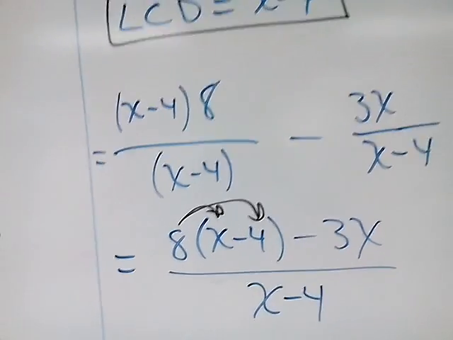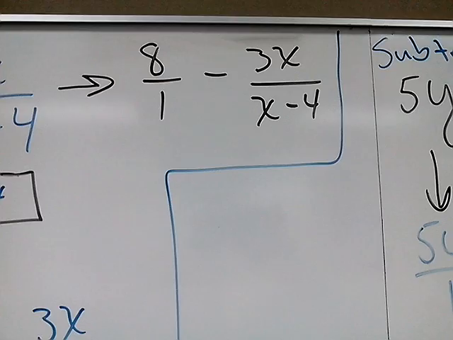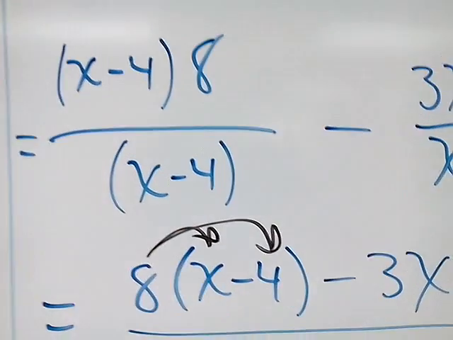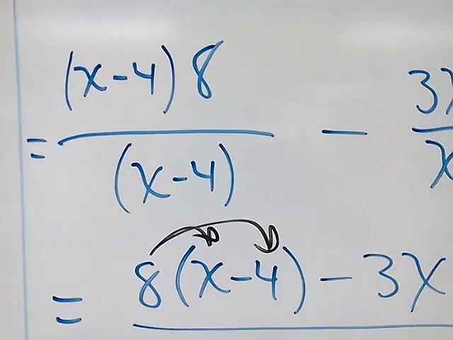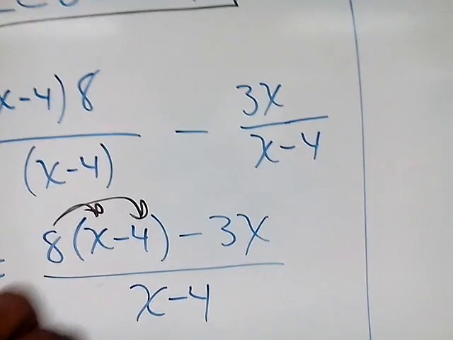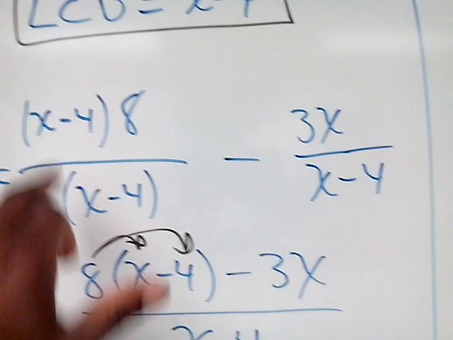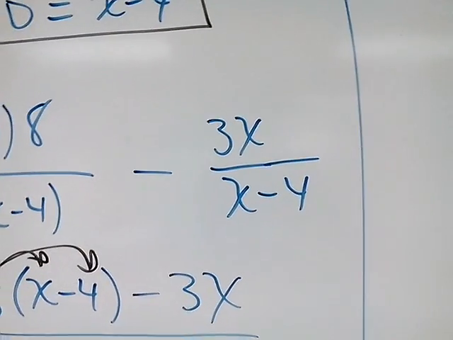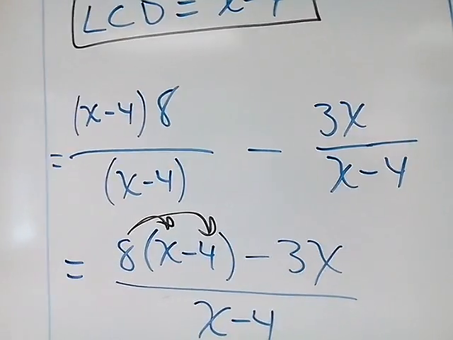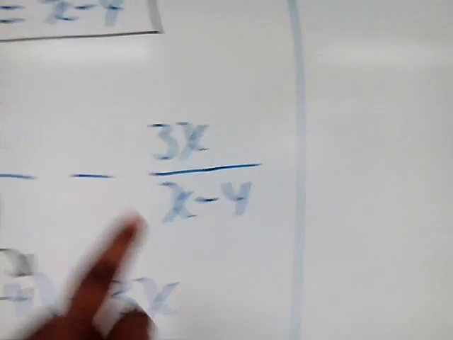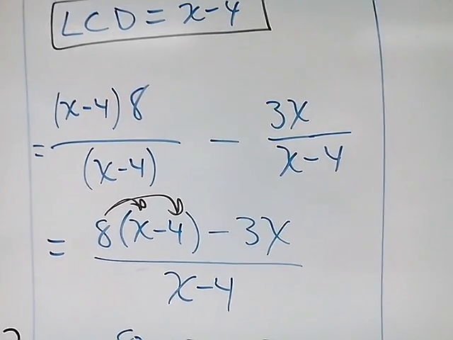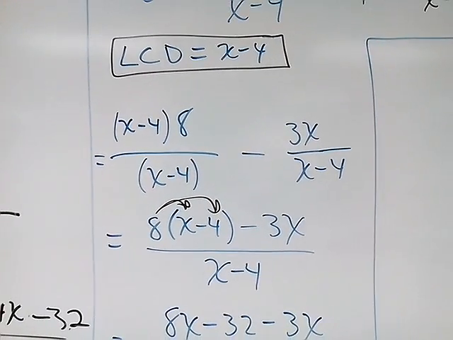Given that, we take the common denominator and write it under each one of the fractions, and now we can multiply what was missing. So the x minus 4 gets multiplied to the top part of the first fraction, while the 3x over x minus 4 stays the same because x minus 4 is the common denominator.